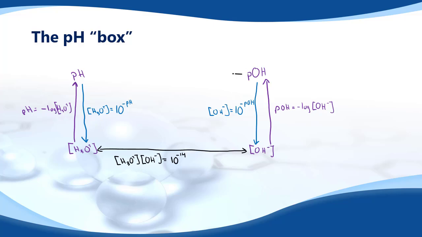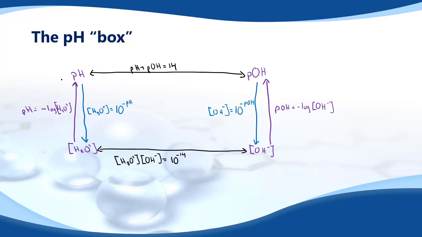And to go between pH and pOH, I'm going to say that pH plus pOH equals 14. So I know this is a lot. These are 6 equations we're working with here. Realistically, what this is saying is if you start in any one of these 4 corners, you can get to any other corner just by using the equations to get you there, right?